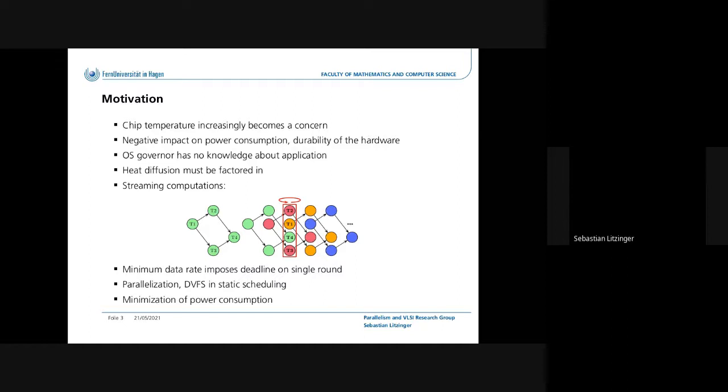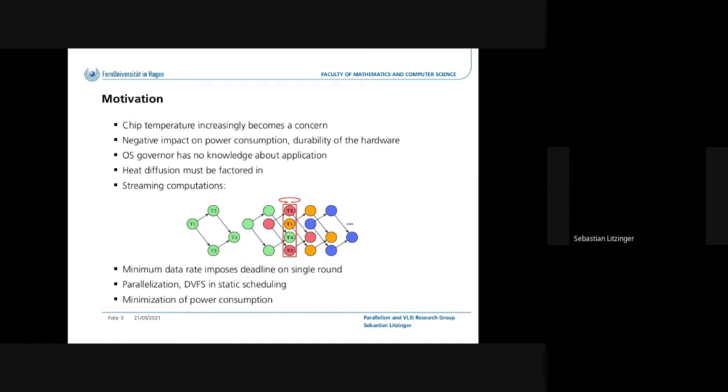Now with chip fabrication technology advancing, heat increasingly becomes an issue, and this, of course, has a negative impact on power consumption and may even lead to hardware failures. And the operating system governor can, of course, mitigate that to some extent, for example, by dynamic throttling.